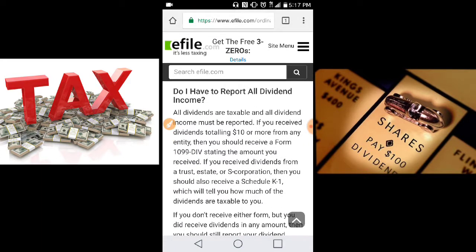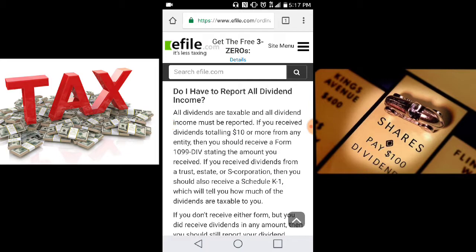So if you get a dividend payment of $10 or more from one entity, you are going to get a 1099 DIV in the mail stating what kind of dividends you received, what percentage of them were ordinary, what percentage of them were qualified, and so on and so forth.